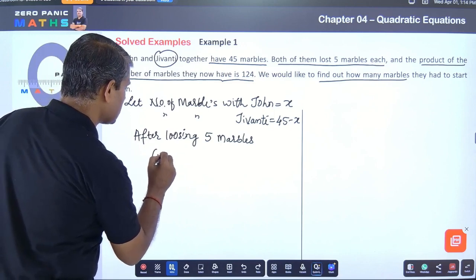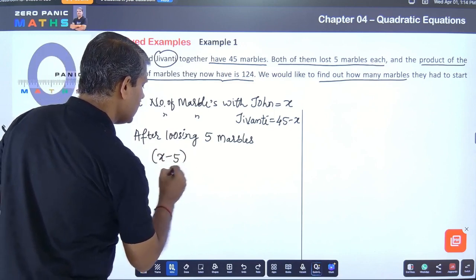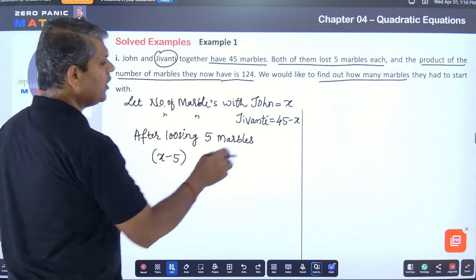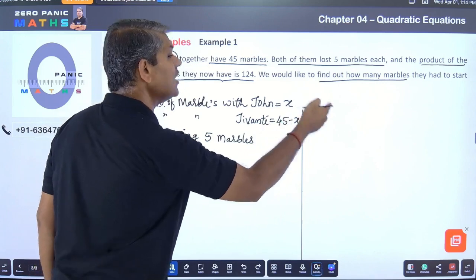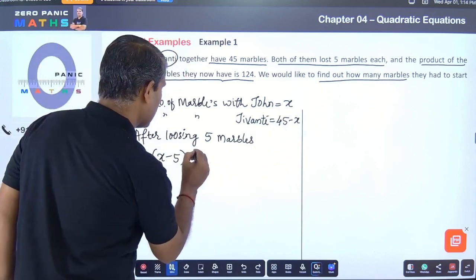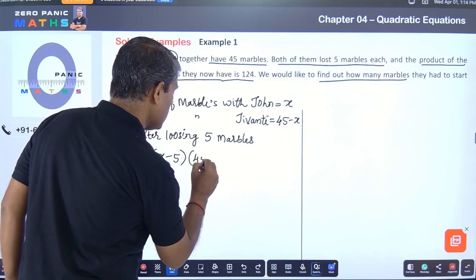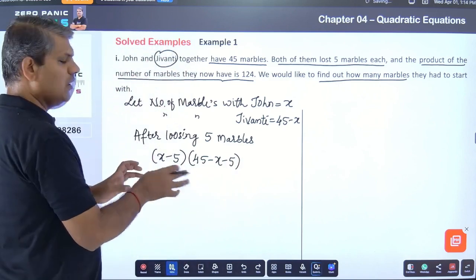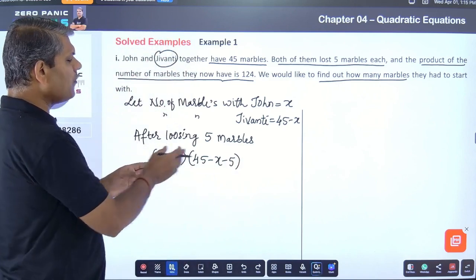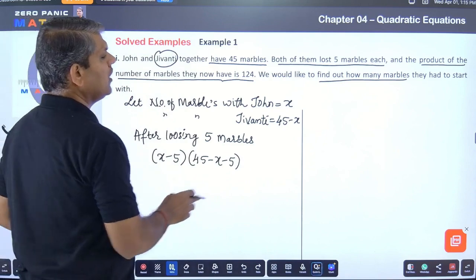It is x minus 5. And what will be the marbles with Jivanti? It is 45 minus x minus 5. Let us write that. 45 minus x minus 5. I'm just subtracting 5 from each of the marbles.